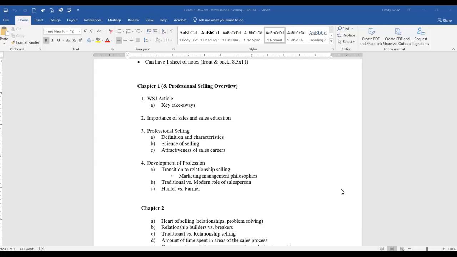From there, you have market orientation. And so, market orientation has three concepts within it.